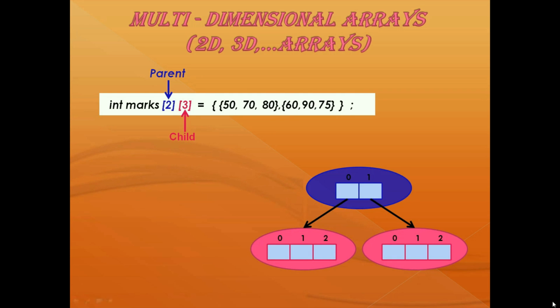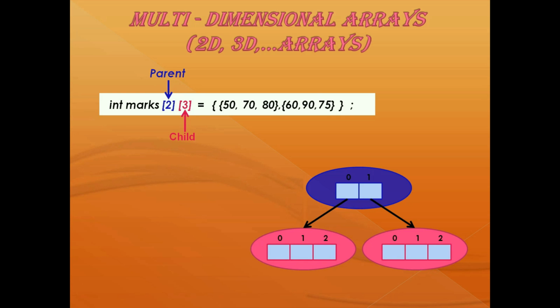So it has two indexes which can refer to two different arrays, because I have already mentioned 3 here. That means each index of this array is going to refer to an array of size 3 each. So here I have two arrays with the size 3.